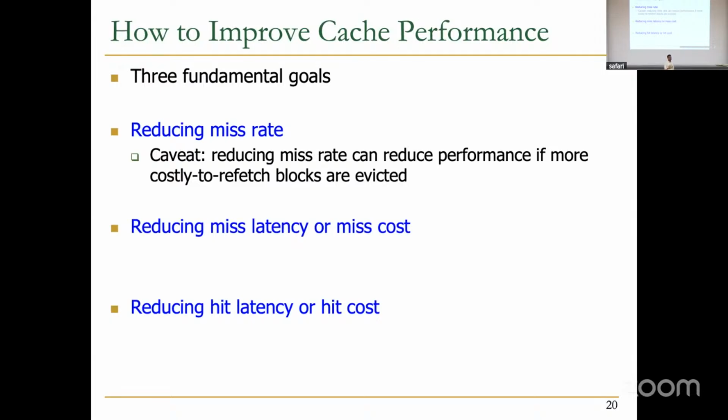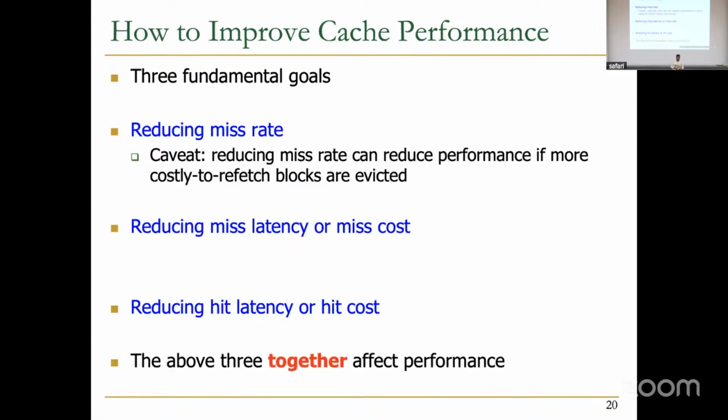We can make the caches bigger, but you can easily anticipate that all of these trade-offs come with their own caveats, right? If you want to reduce miss rate, it can also reduce performance if, let's say, costly-to-fetch blocks get evicted. You wanted to fetch some data and put it in, but that also evicts some other data. If the data getting evicted is costly, then you have a problem.